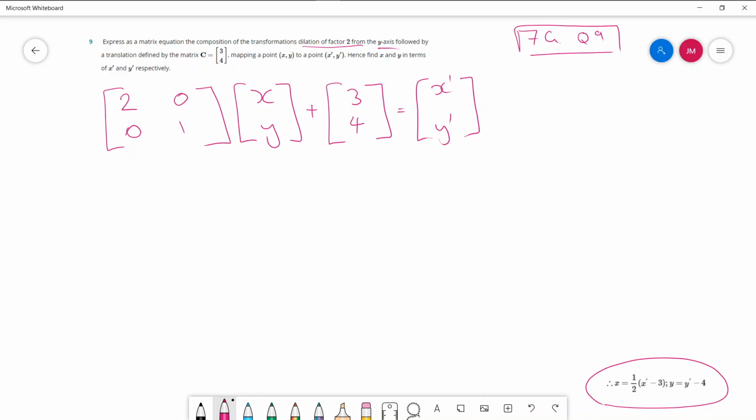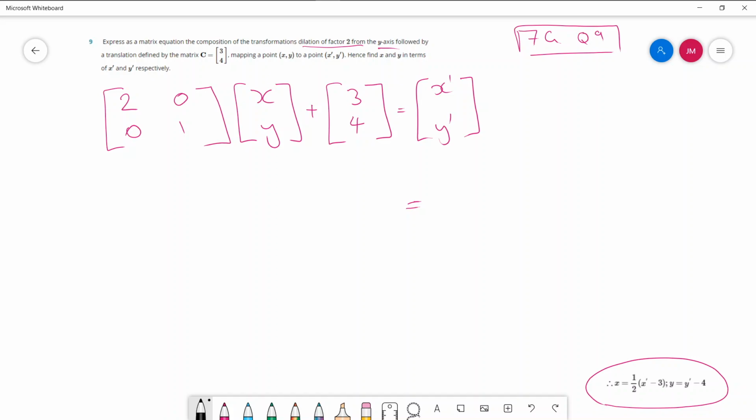So from here, we want to get down to finding what x and y are in terms of x dash, y dash. So let's just look at the left side of this equation and expand it out. Let's do the multiplication of this 2, 0, 0, 1 matrix times the xy.